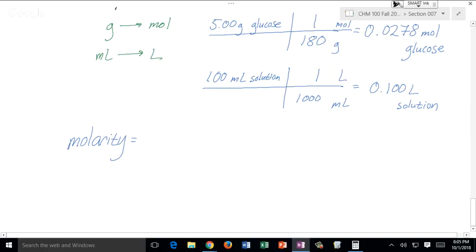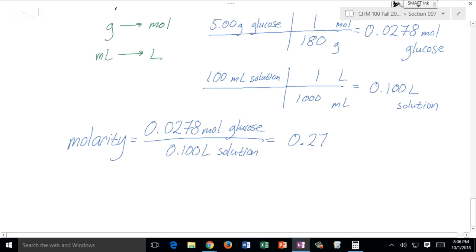So we're going to put our moles on top, liters on the bottom. 0.0278 moles of our solute glucose divided by 0.1 liter of solution gives us 0.278 molar as the concentration. So we converted grams to moles, milliliters to liters, and then divide moles by liters to get molarity.